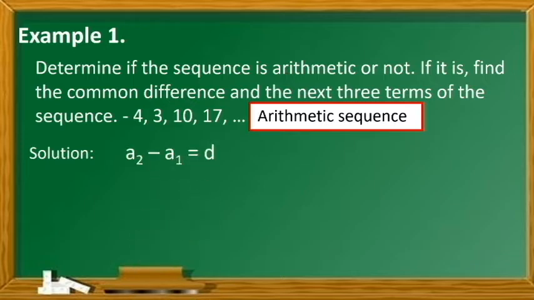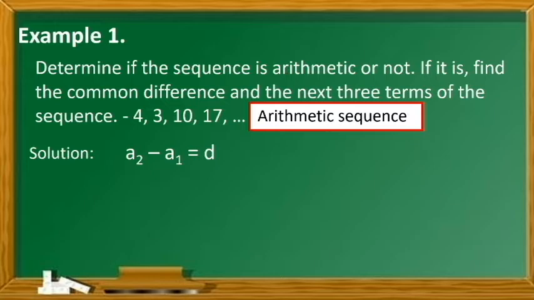First, we have a sub 2 minus a sub 1 equals d. Meaning, subtract the first term from the second term, and whatever the result, we call that d, or common difference, if all the solutions that we do have the same result.